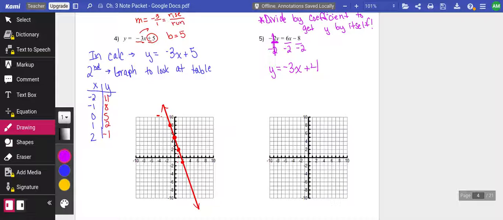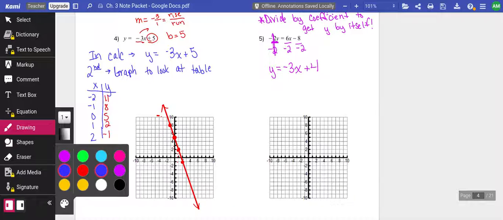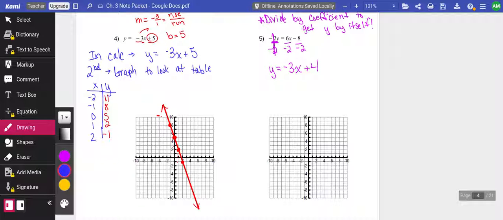So now I'm going to identify my slope and my y-intercept. So my slope, the m in my y equals mx plus b, is -3, which is the same as -3 over 1. And my b, or my y-intercept, is +4.